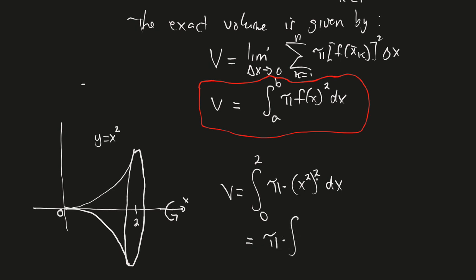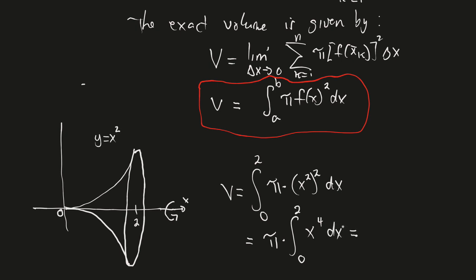Before we integrate this, we have to simplify x squared squared. Properties of exponents say to multiply the 2 and the 2, so we will have x to the 4th dx.